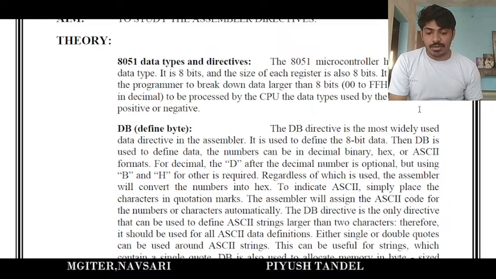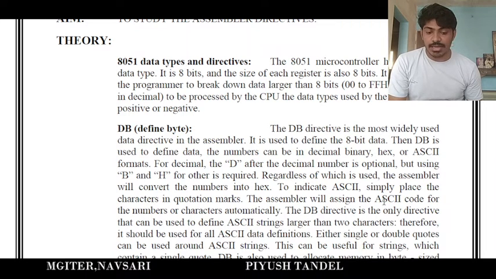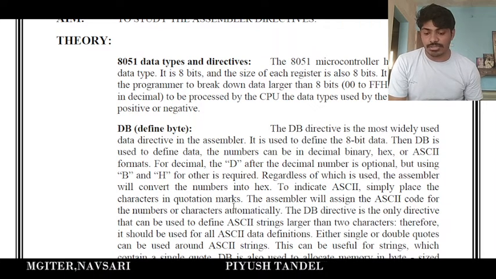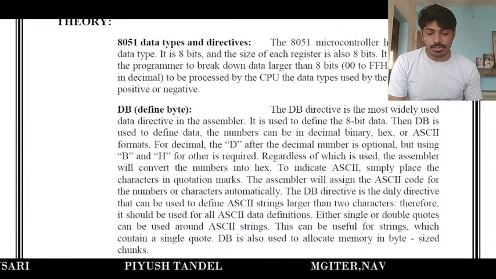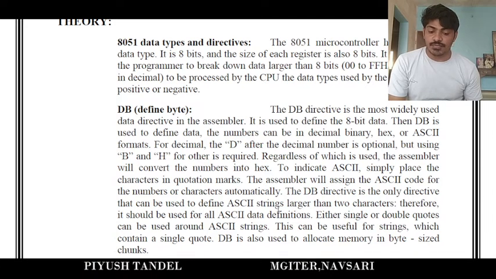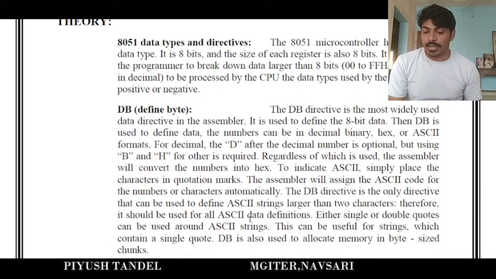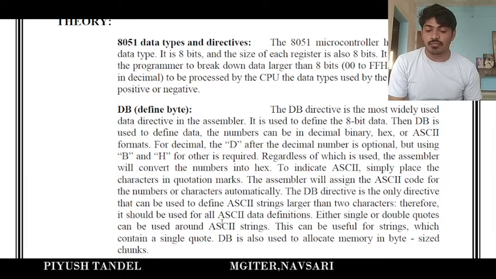The assembler will again assign the ASCII code for the characters in quotation marks automatically. And define byte, that is the DB directive, is the only directive that can be used to define an ASCII string larger than 2 characters, and therefore it should be used for the ASCII data definitions.